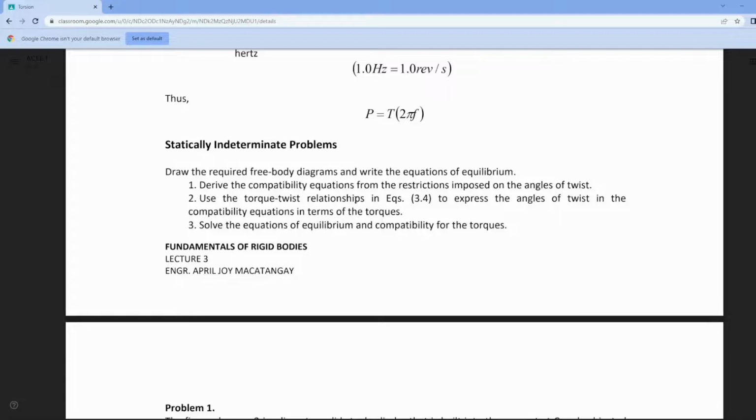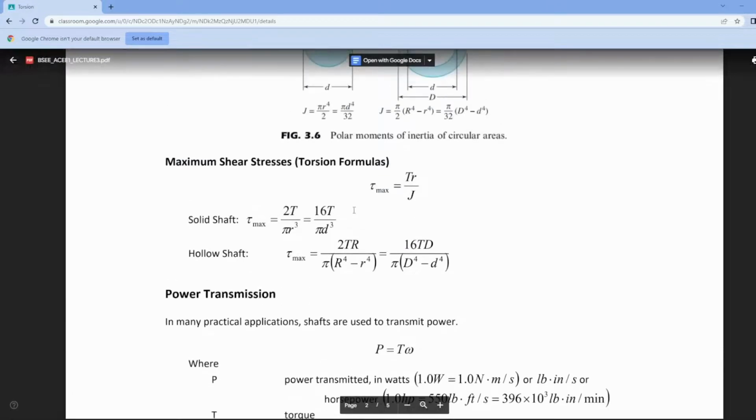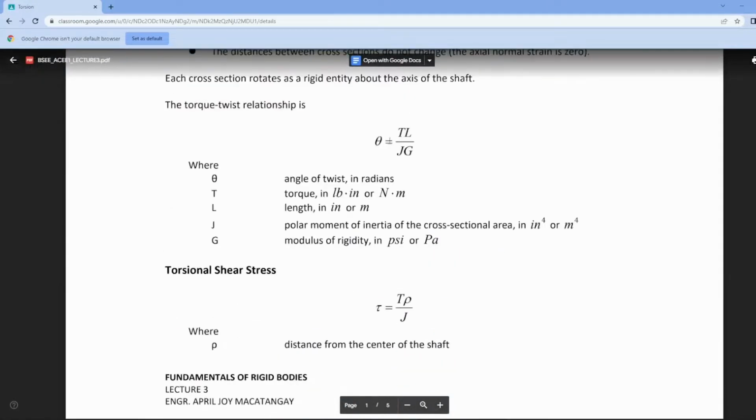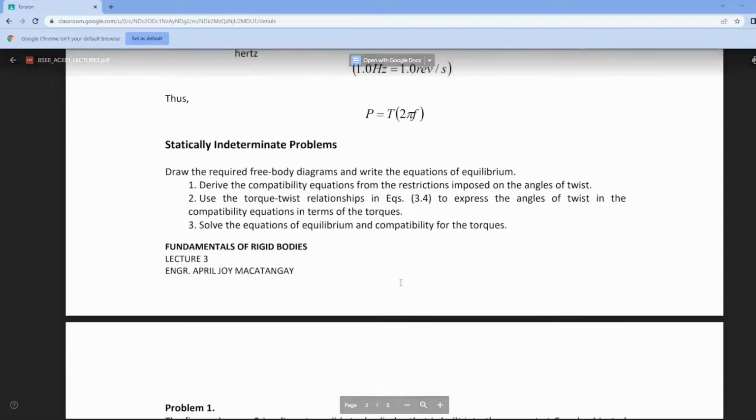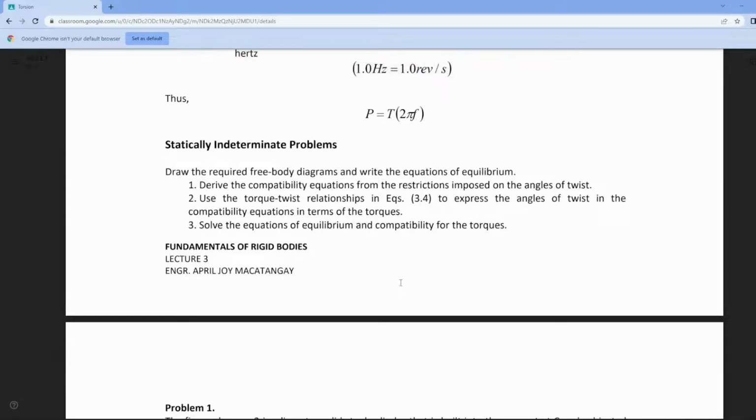So, these are our equations here. You can use the torque-twist relationships to express the angle of twist in the compatibility equations in terms of the torques. And then, third is to solve the equations of equilibrium and compatibility for the torques.